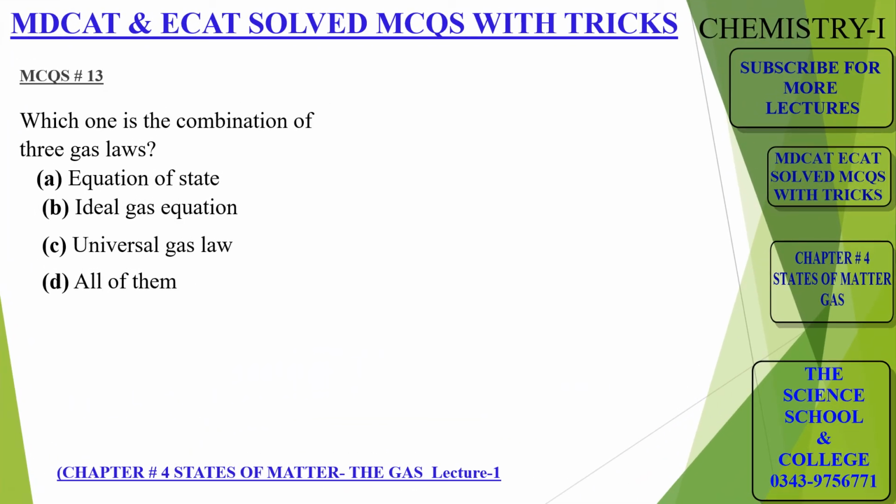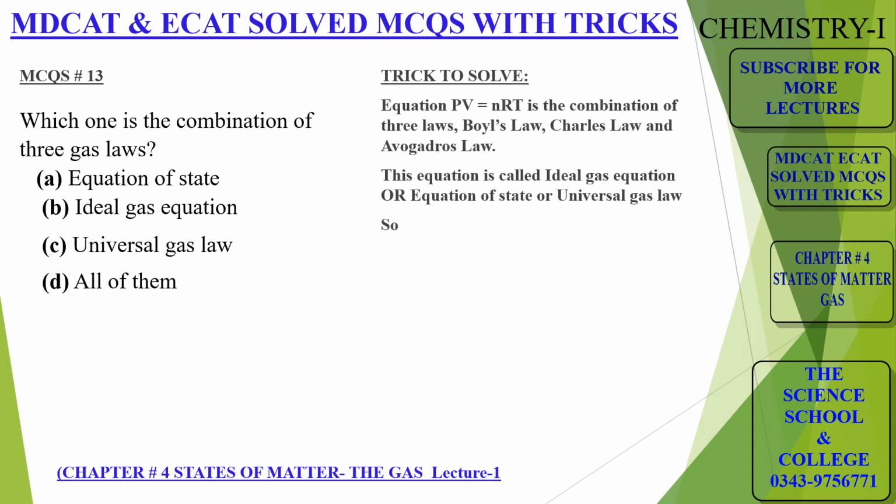MCQ number 13: which one is the combination of 3 gas laws? Option A is equation of state, option B is ideal gas equation, option C is universal gas law, and option D is all of them. Equation of state, ideal gas equation and universal gas law are the same.